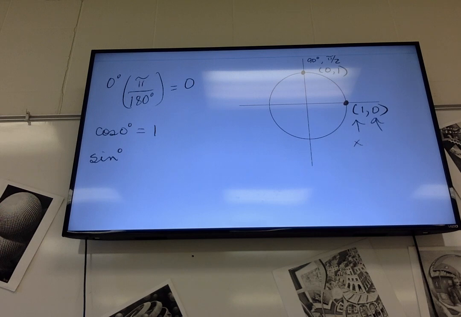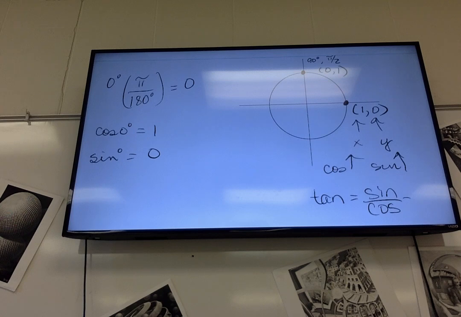Sine of 0 on the unit circle is always the y-coordinate. So cosine is the x, sine is the y. So y is 0. And then remember, tangent is sine over cosine, right?